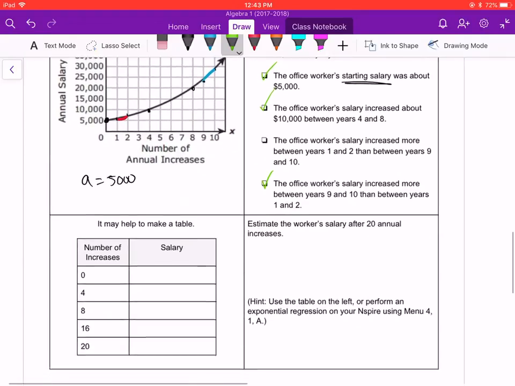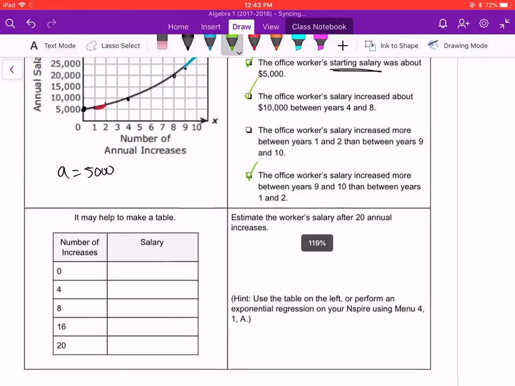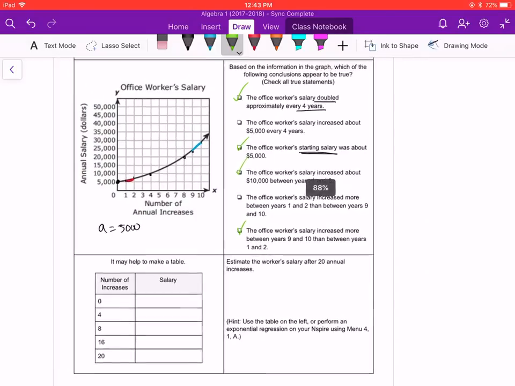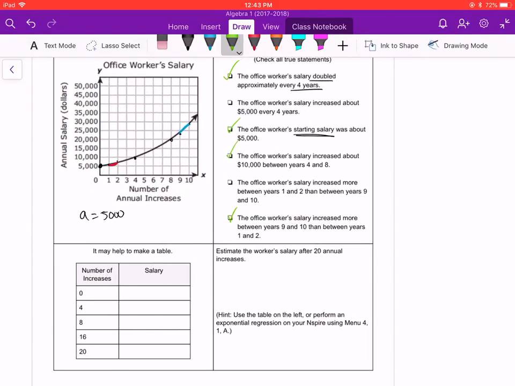All right, let's look at another one. What if I make a table here? Sometimes when looking at this, it might help to make a table. At 0 increases, your salary was 5,000. At 4, remember, it was 10,000.